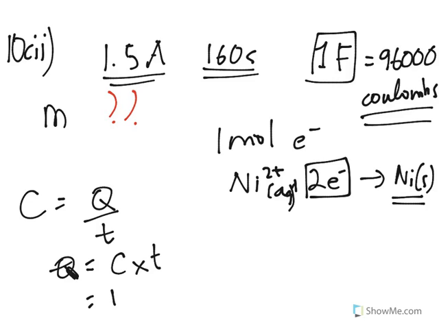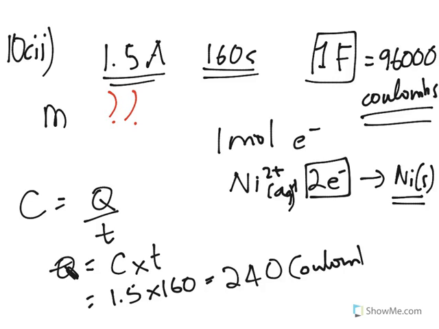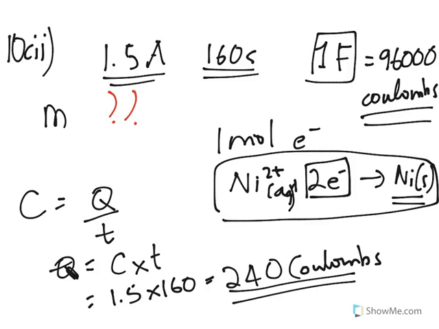So that means that it's 1.5 times 160, which means that the charge, or the number of coulombs, will be 240 coulombs. So that means that for this whole time, we've used 240 coulombs in this whole reaction to cause this reaction to occur.